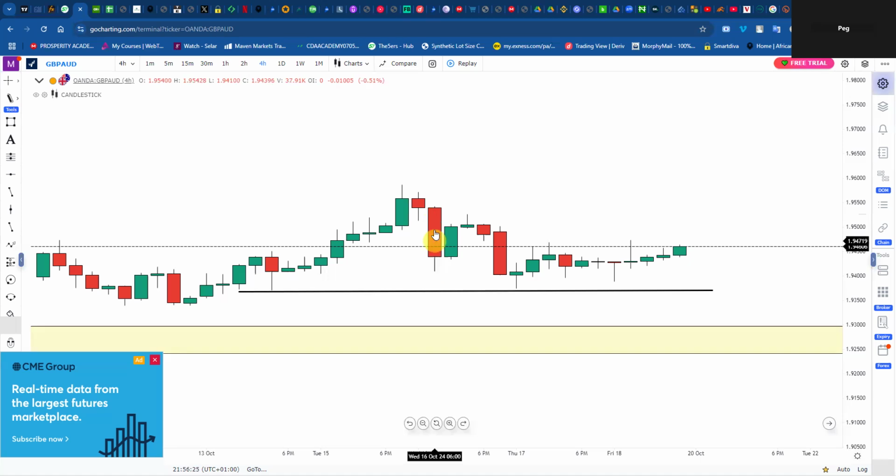This candle was totally red at some point. Then buyers came into the scenario and said no. They tried to push it and they pushed it up to this point. They couldn't go beyond this point. So this candle has more sellers than buyers. I don't know if what I'm saying is making sense to you.